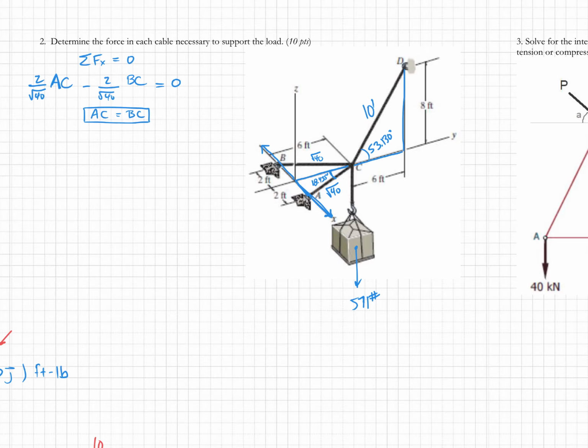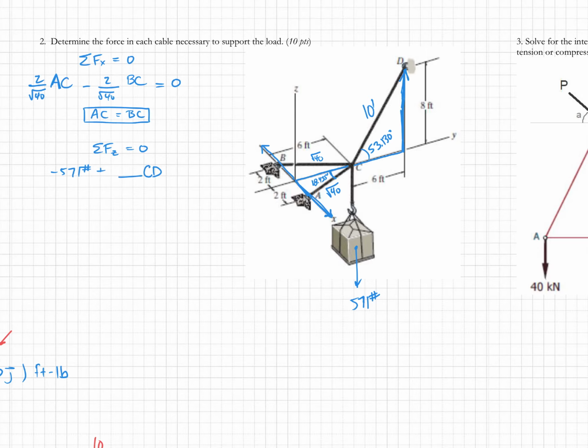All right, so now the next easiest, I think, is the Z direction. Why? Because there's only 2 forces in the Z direction. So sum of forces in the Z direction equals 0. I've got that weight, negative 571 pounds, and then I've got the vertical component of CD, so plus CD.